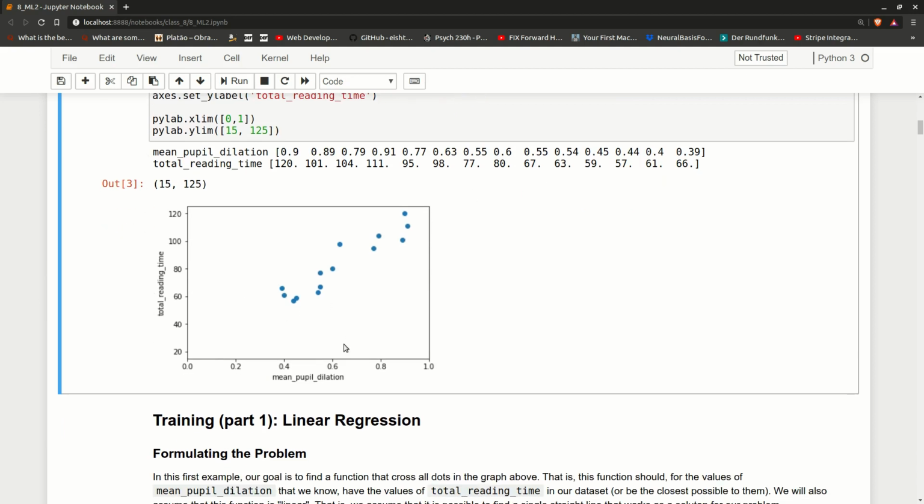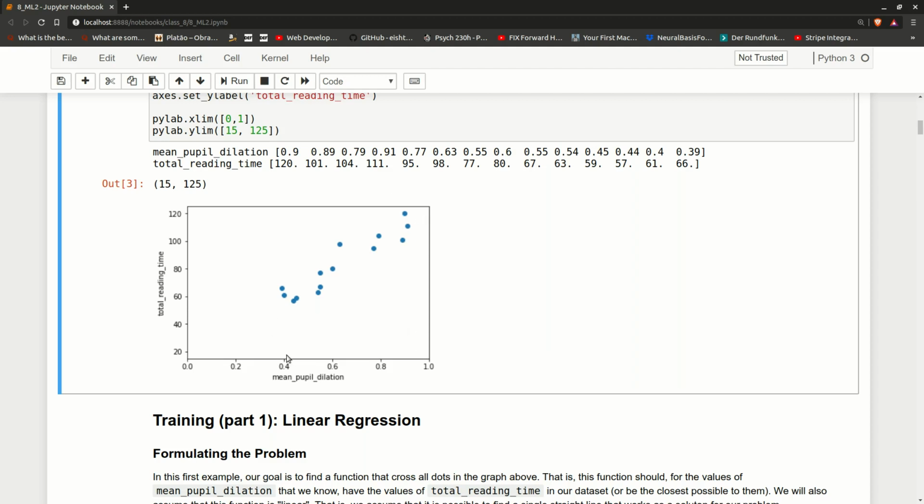Since I fabricated this data, since I was the one who created the data, I could choose the values of these data points such that the total reading time can be predicted based on the mean pupil dilation, right? If you see a big number for mean pupil dilation, you would guess that the total reading time would be around here.